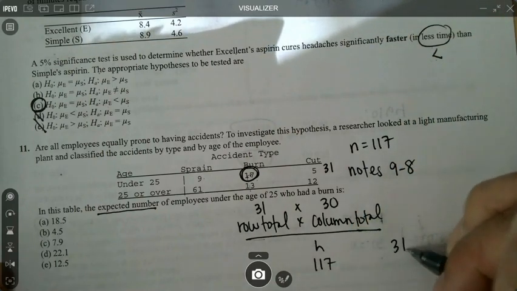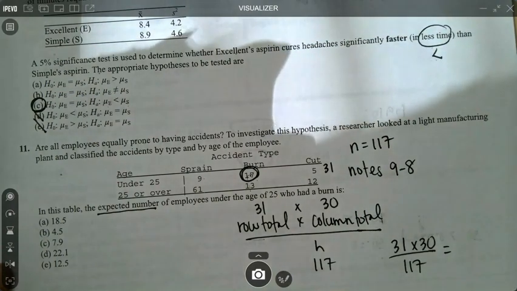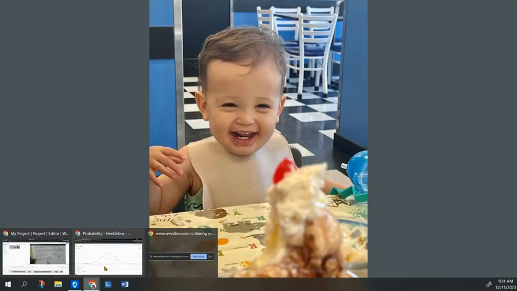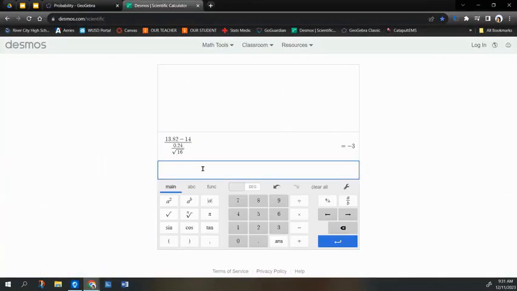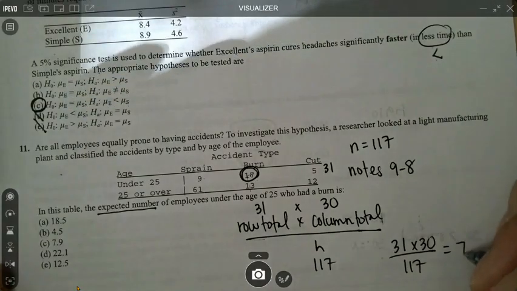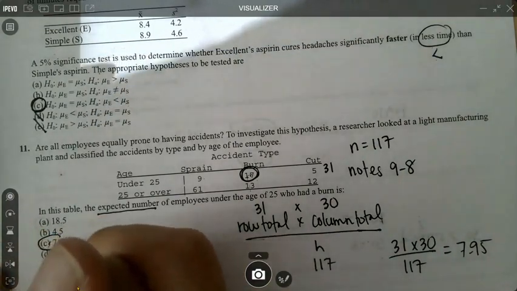So we're going to do 31 times 30 over 117, and that gives my expected count. 31 times 30 divided by 117 gives me 7.95. So the closest answer is going to be C.